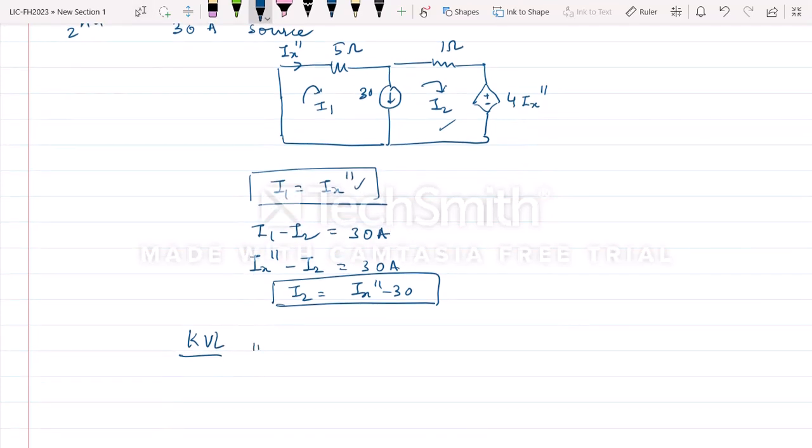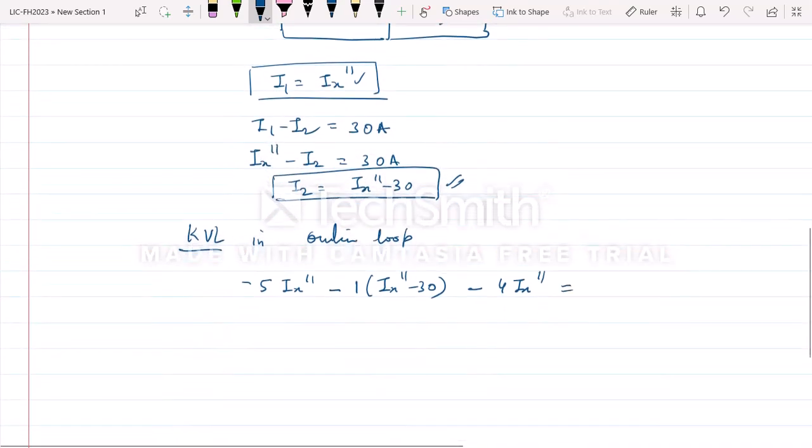Now let us apply KVL in the outer loop, moving in the clockwise direction: minus 5 Ix double dash minus 1 times (Ix double dash minus 30) minus 4 Ix double dash, the voltage source, equals 0.